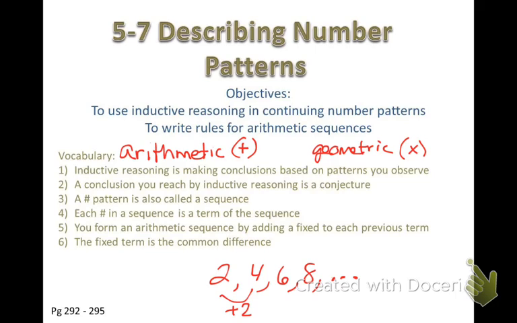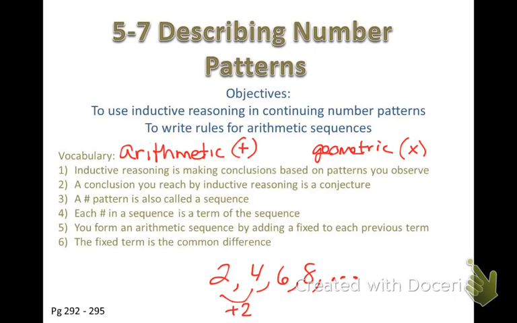A pattern is also called a sequence. My sequence 2, 4, 6, 8 are even numbers. If I did 1, 3, 5, 7, those are odd numbers. My sequence is every other number.